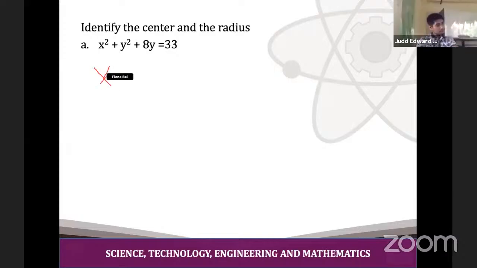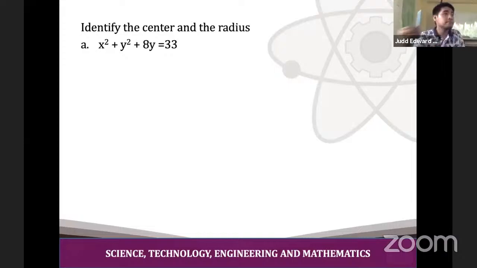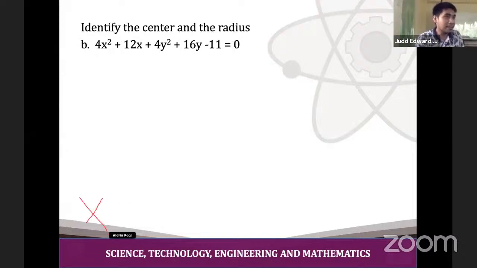Ang hirap, no? Hindi po kaya. Diba? Oh, so alam niyo na yung pakiramdam ko. O, di ba? Ang hirap. Aldrin Pogi. Di ba? Di ba, Aldrin? O, nahuli ko din kung sino yung mga nagsusulat.